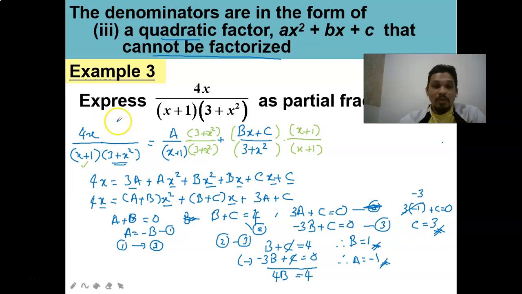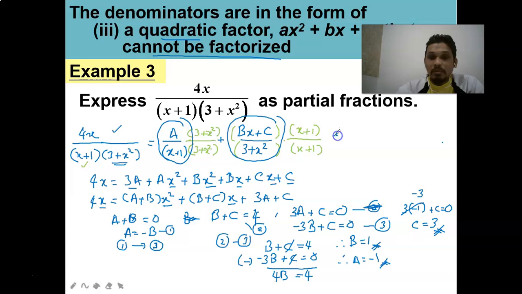And again, we compare with this expression: A equals negative 1 divided by x plus 1, and then Bx plus C, B equals 1 and C equals 3, so B times x equals x, plus 3, divided by 3 plus x squared. So this is the answer that we want.